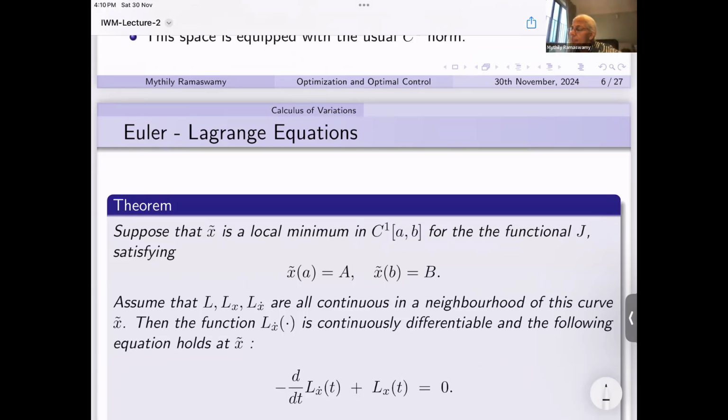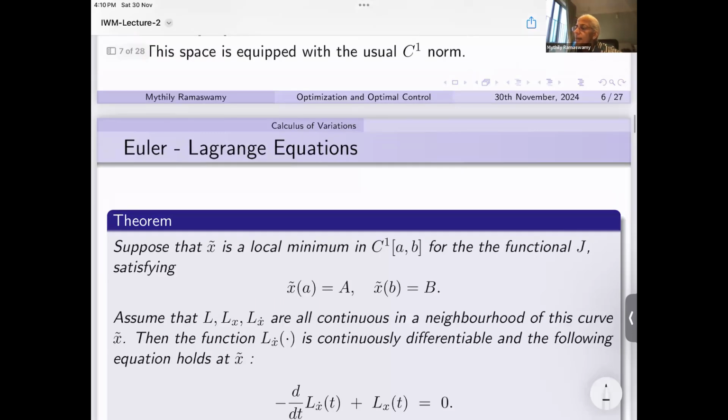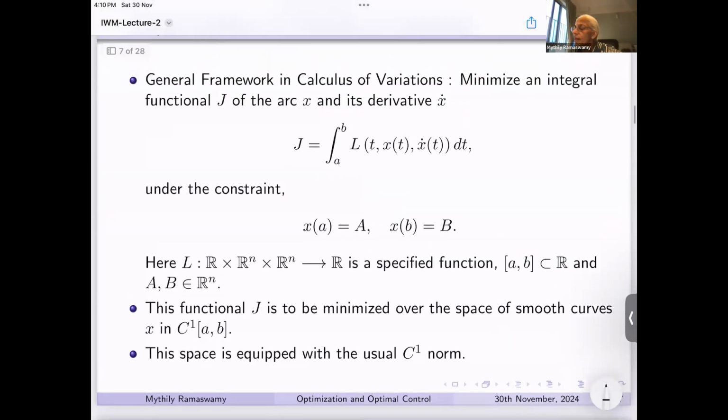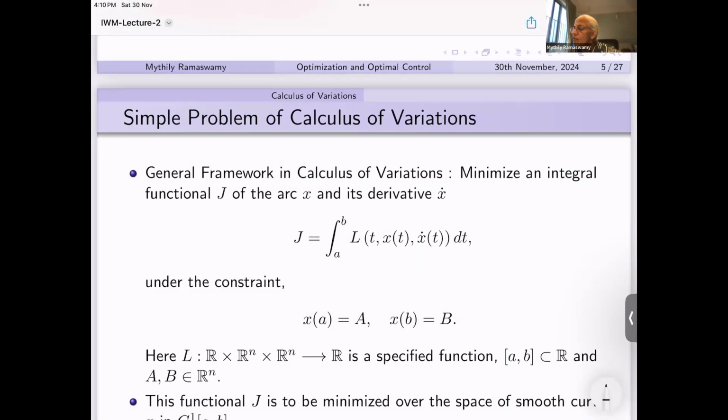C1 or C2 doesn't affect the values taken by J. J is a real valued function of all these variables integrated out in t. So ultimately, J is going to be a number. The t variable is varying in R. Let us look at L. The x variable lies in Rn and x dot is in Rn.